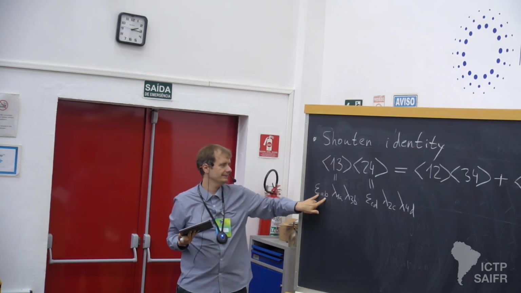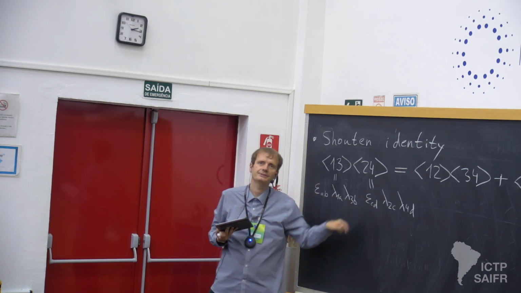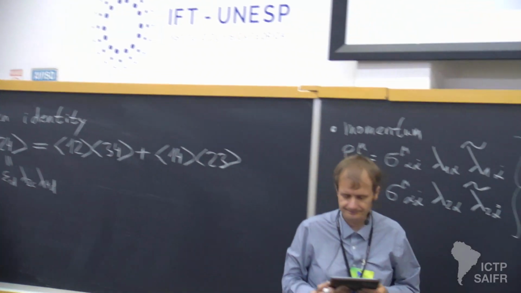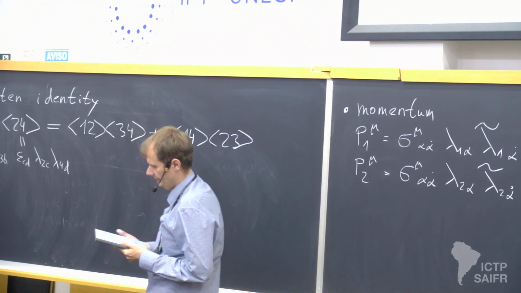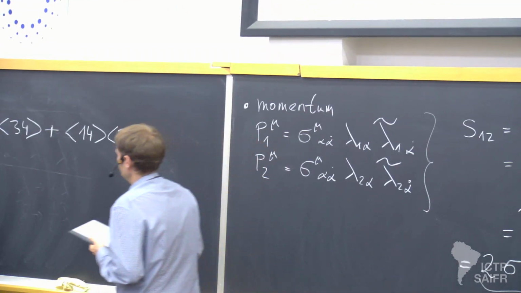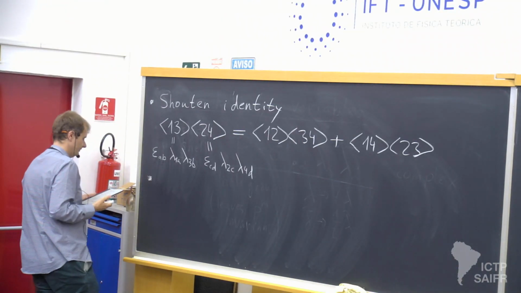And this statement is nothing else than the statement about the products of epsilon, reshuffling labels there. There are different names in mathematics. So you do the same thing here, and then it's just a three-term identity for these epsilons. Okay, so this is one identity which is very useful.